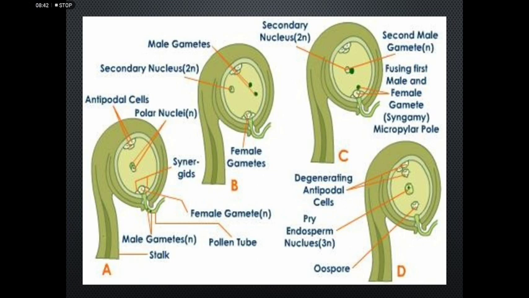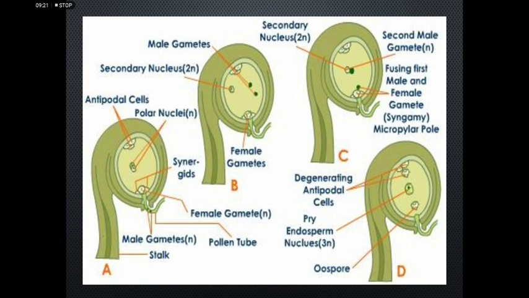In picture B, the two male gametes now reach the embryo sac, and in picture C, the first male gamete fuses with the female gamete, that is egg, and it is called syngamy, and the second male gamete fuses with the secondary nucleus or polar nucleus and produces 3n condition, PEN, that is primary endosperm nucleus.